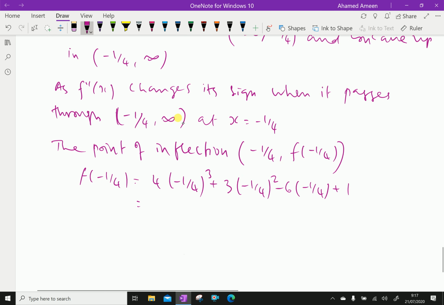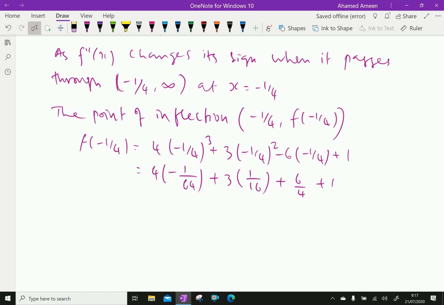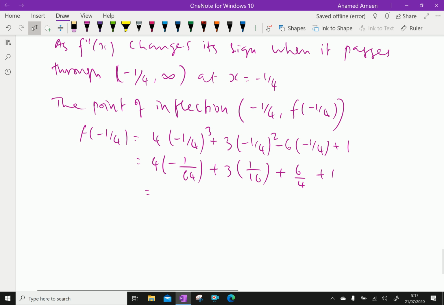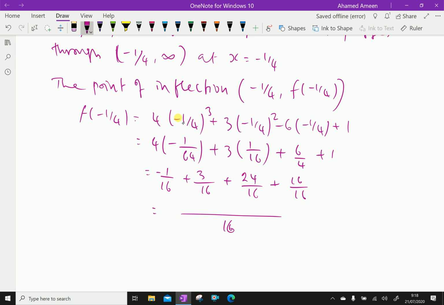So which is equal to 4 into minus 1 by 4 cube, plus 3 into 1 by 16, plus 6 by 4, plus 1.